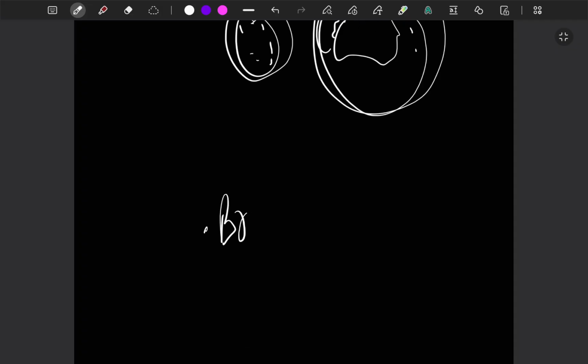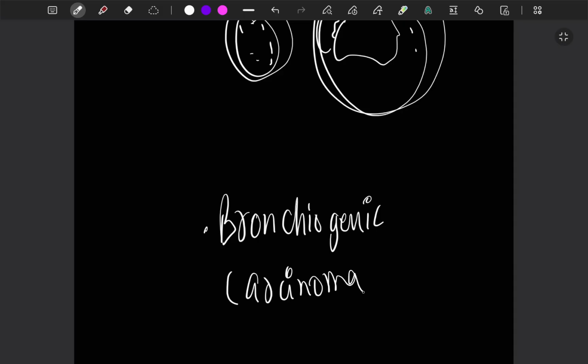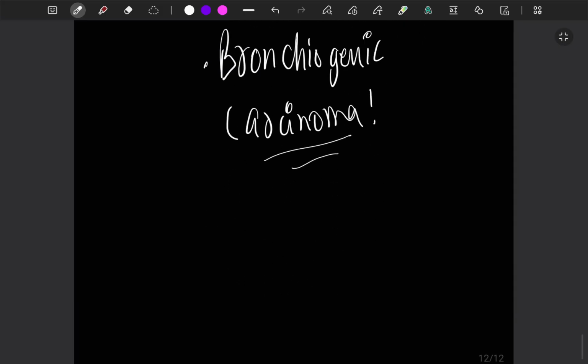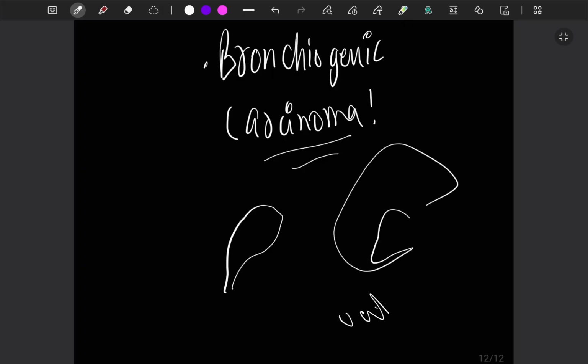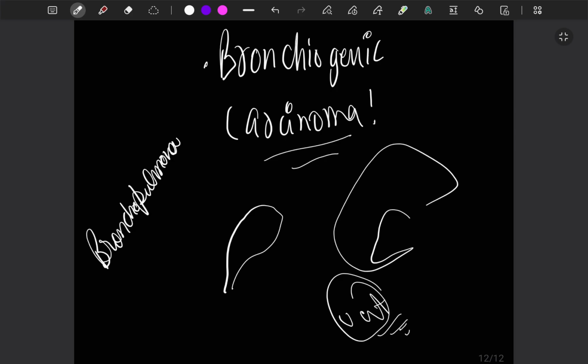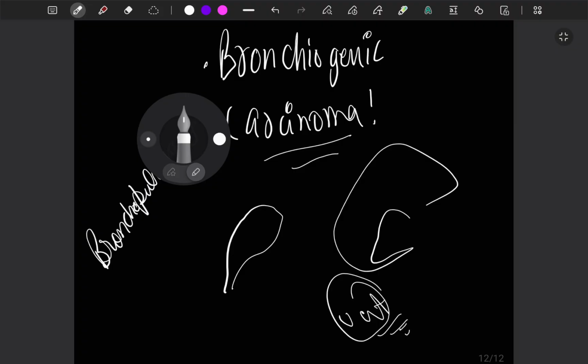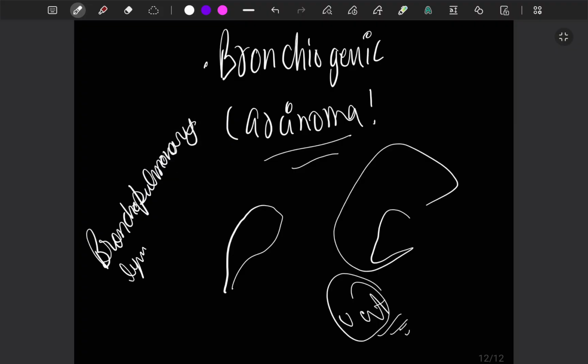And bronchogenic carcinoma. It can affect liver, brain, kidney, and vertebrae, because it spreads to bronchopulmonary lymph nodes and supraclavicular nodes.